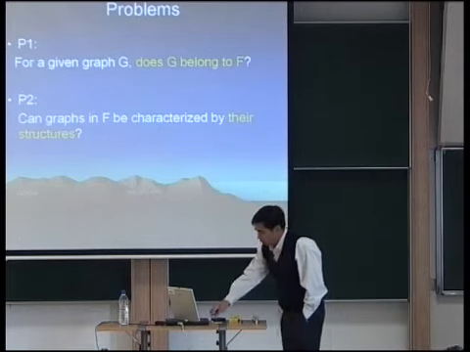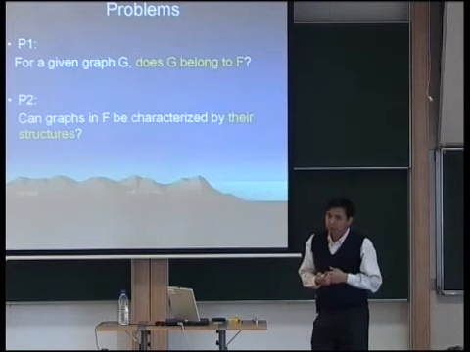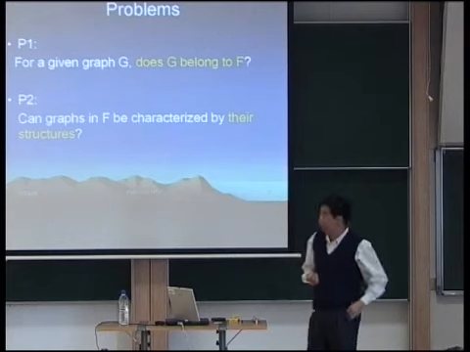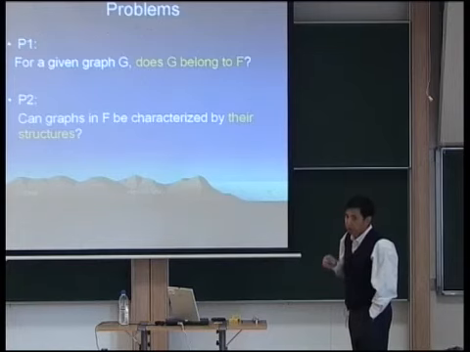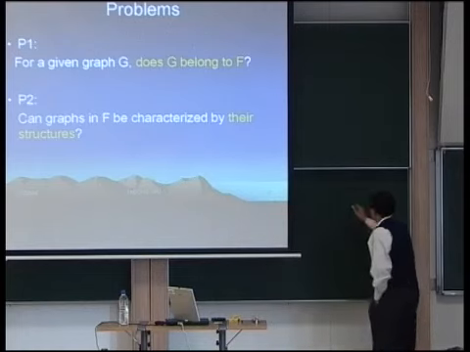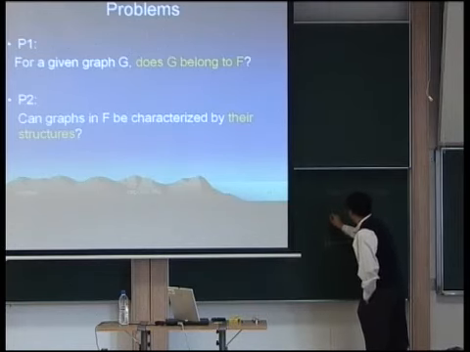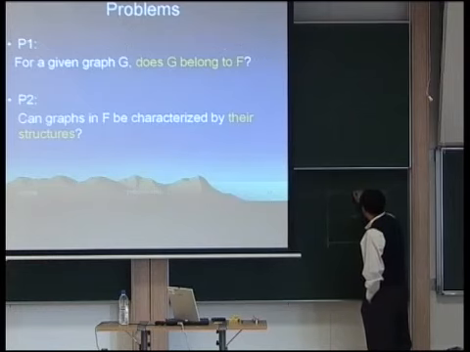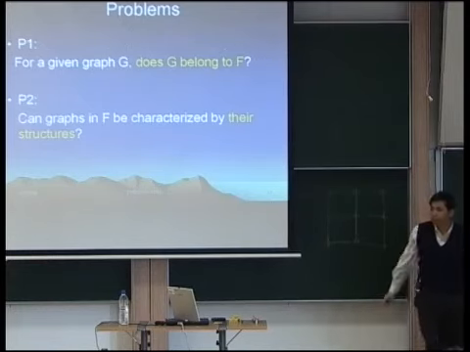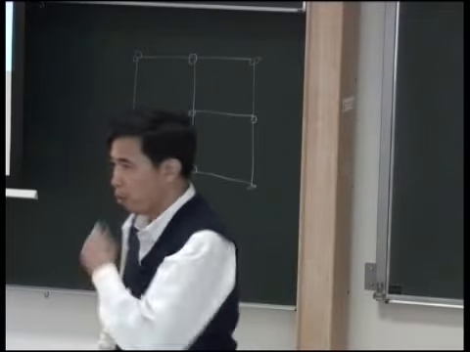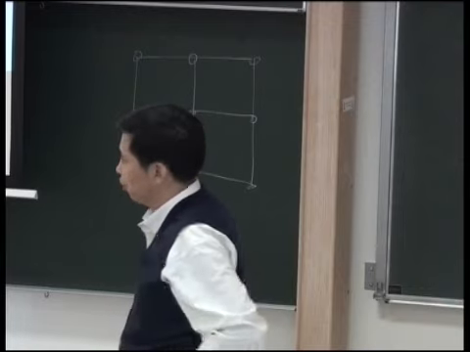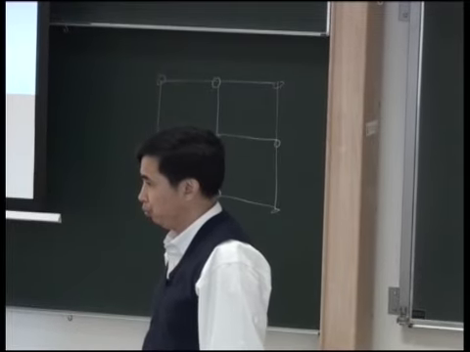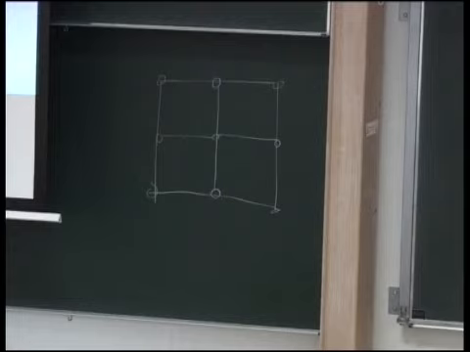Now, for example, there is some property, like a connected bipartite graph. If the order is an odd number, then I am very sure this graph is not in F. For example, this graph is a bipartite graph with an odd number of vertices, connected, so I am very sure this graph is not in F. This is 0 between 1 and 2.